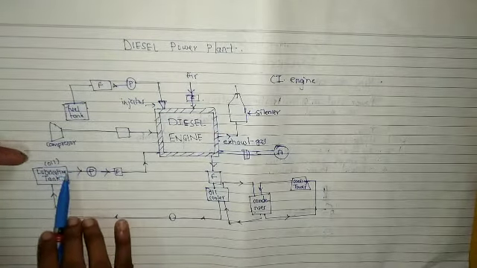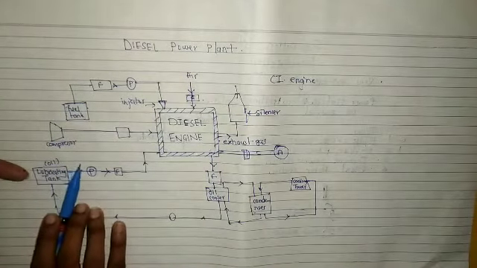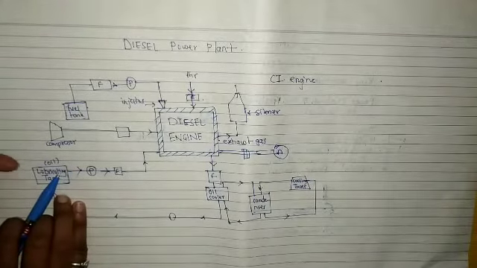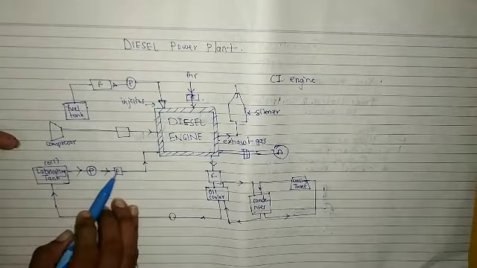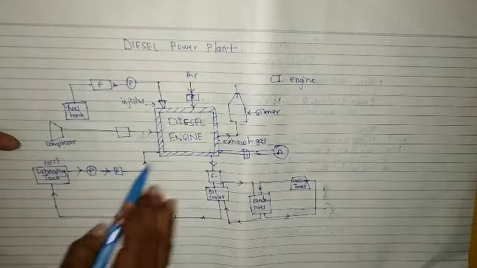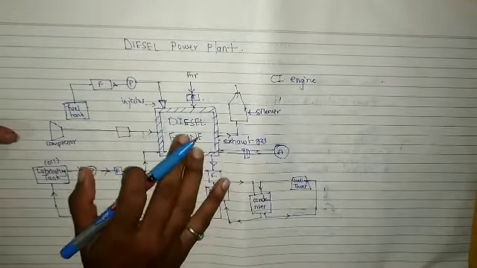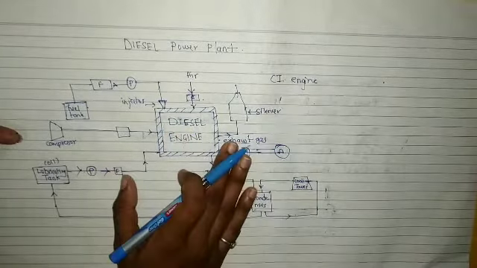What does it mean by lubricating tank? It has lubricating oil. The lubricating oil will come here because of this pump and then it will get filtered. In our engine there are different mechanical parts, and they are working, right?